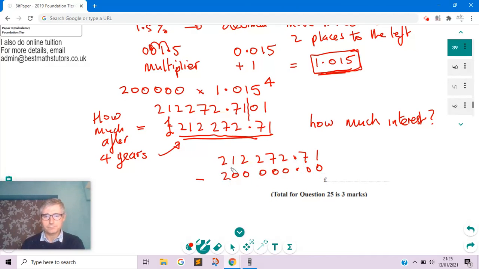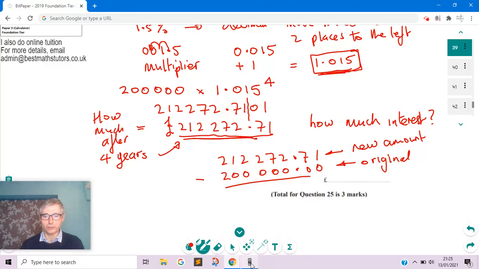If we take away the original from the new amount, which is the amount after we've earned the interest, then what we will get is how much we've earned in interest.